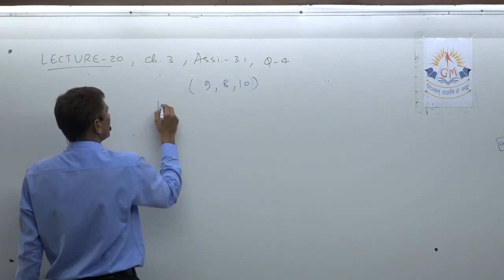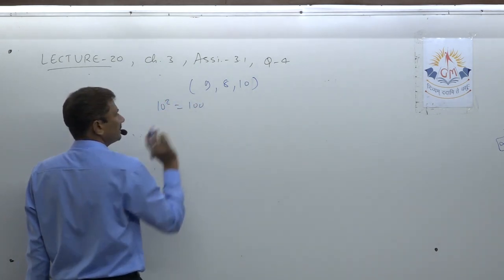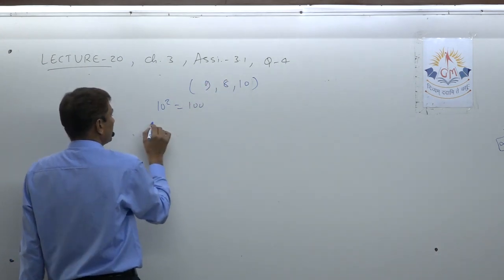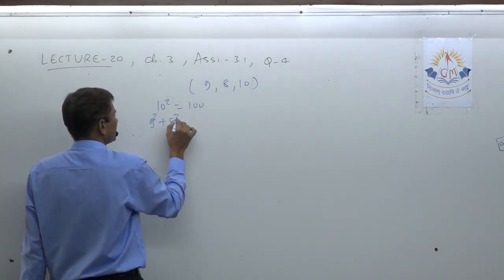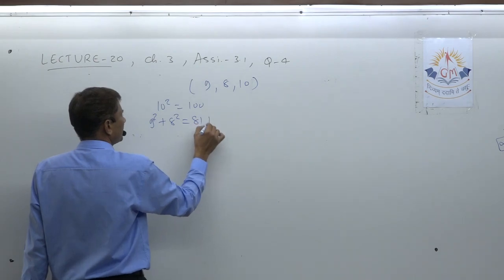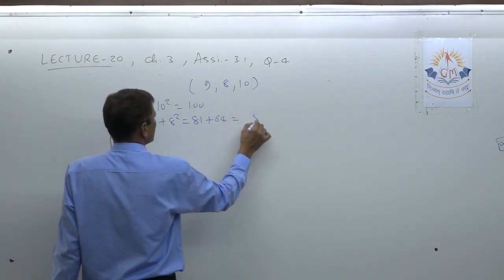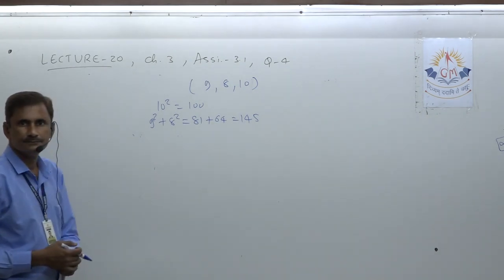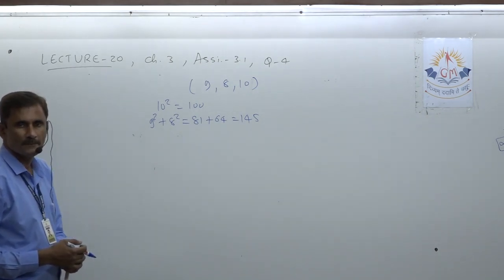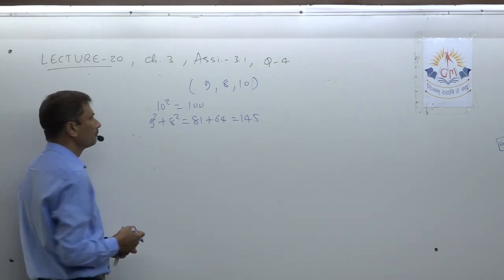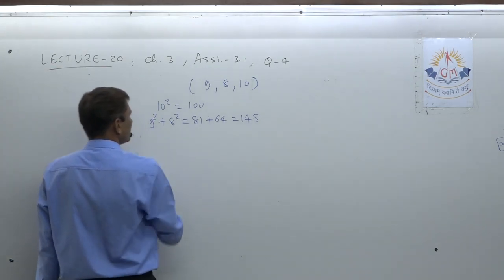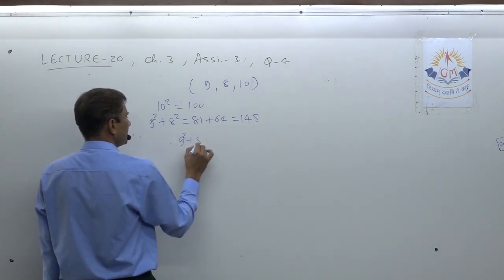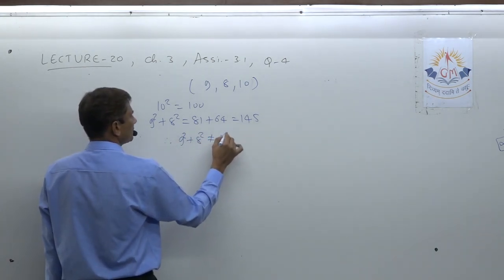So I am making the square of the biggest number, so it is 100. Now make the sum of squares of the remaining two numbers. So 9 square plus 8 square is equal to 81 plus 64, so 145. Okay. So here both are not equal. So therefore 9 square plus 8 square is not equal to 10 square.